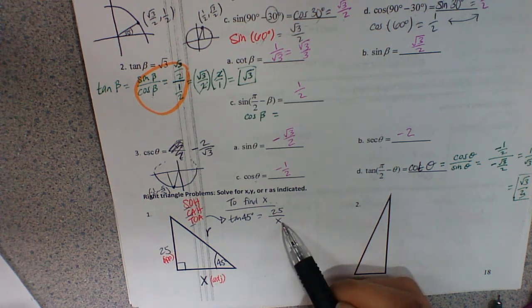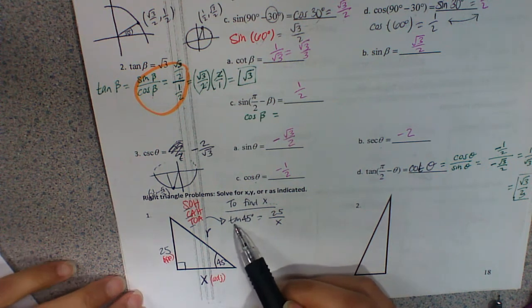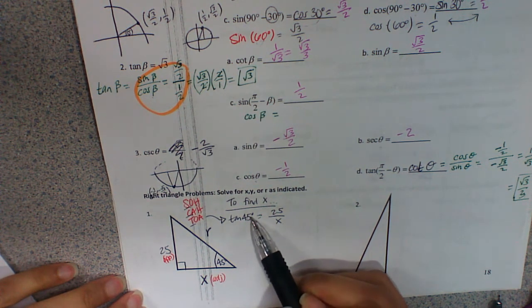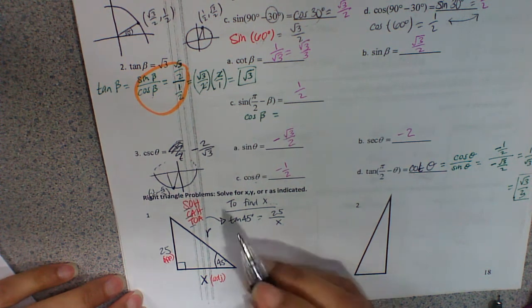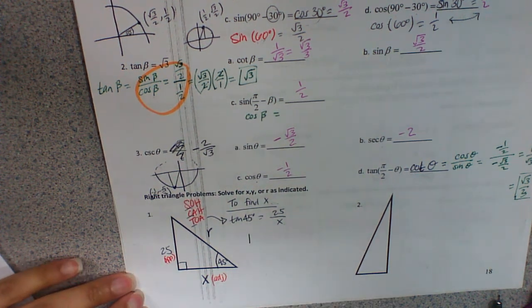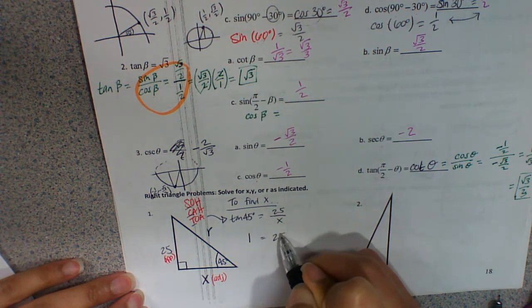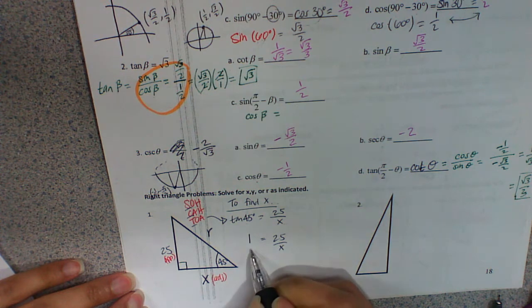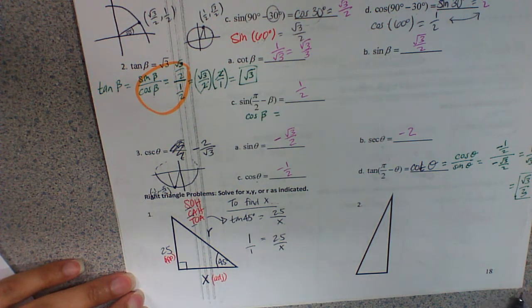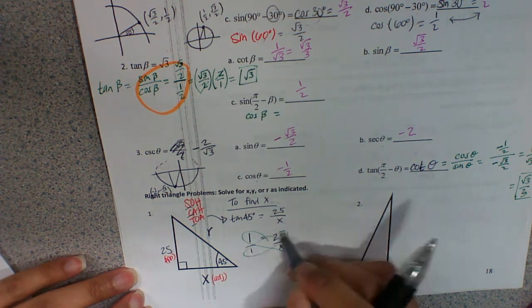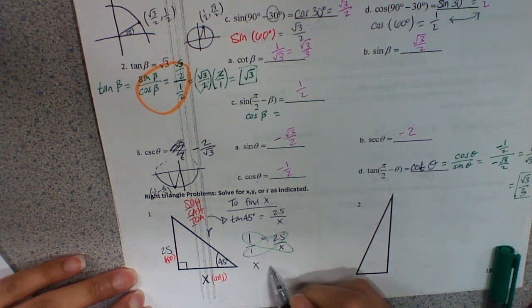So now the only thing I need to find out is x. I do know tangent of 45 degrees. Remember, 45 degrees is on the unit circle. If you find tangent, it's going to be 1. Pause the video if you need to work that out for a second. So I'm going to set 1 equal to the right side, so 25 over x. I'm going to go ahead and put this 1 over 1 so that this turns into a proportion, and so that I can cross multiply just like that, and I will find that x is 25.